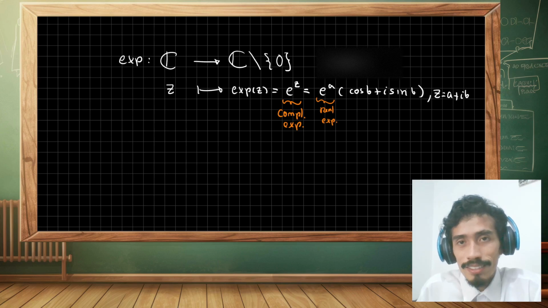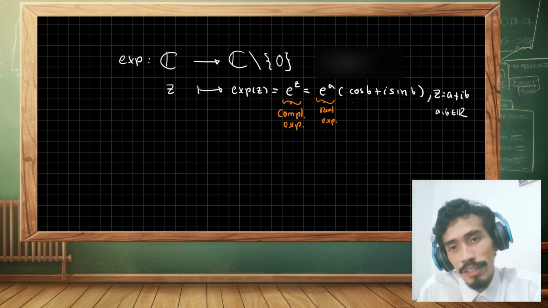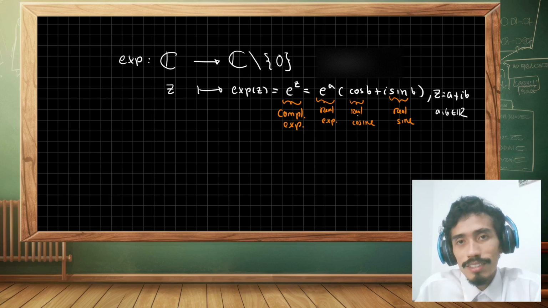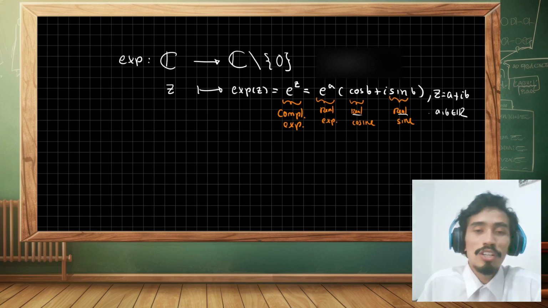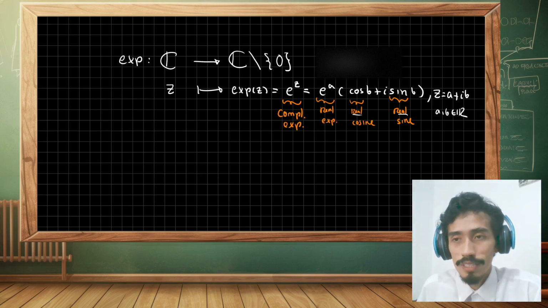And since a and v are both real numbers, then this is a real exponential, and this is the cosine of a real number, which is b. So this is the real cosine, and this is the real sine. I mean, they are real because in complex analysis we have complex cosine and complex sine, in general complex trigonometric functions, right?